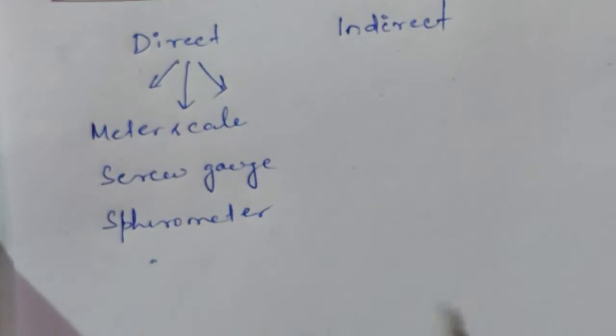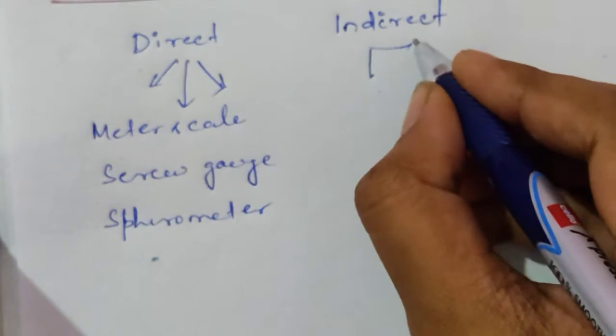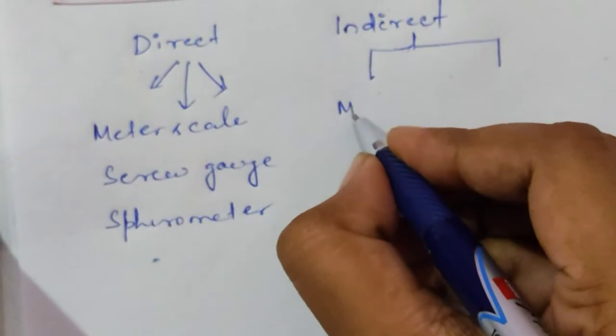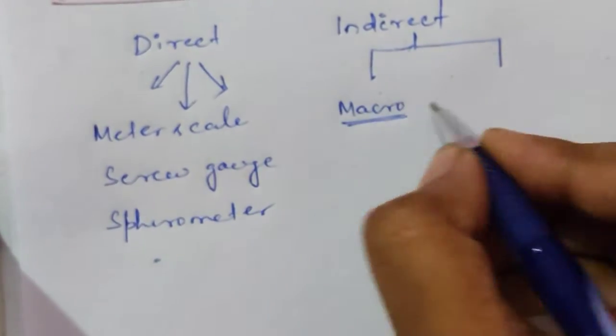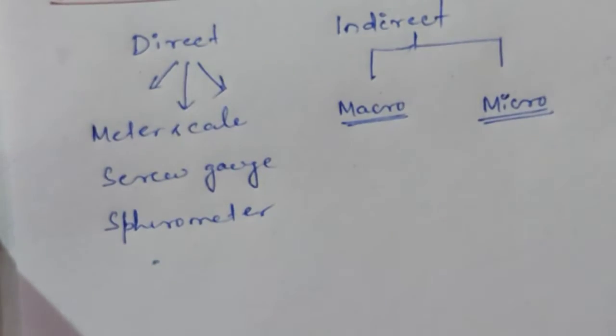But in the indirect method we have two kinds of measurements, basically one for macro distances and one for micro distances.